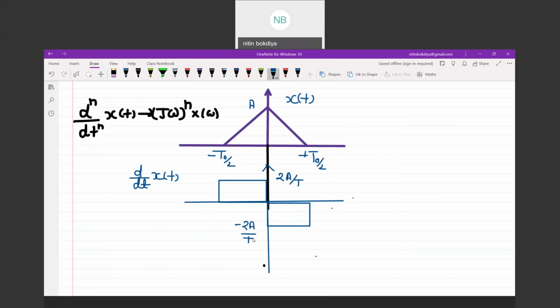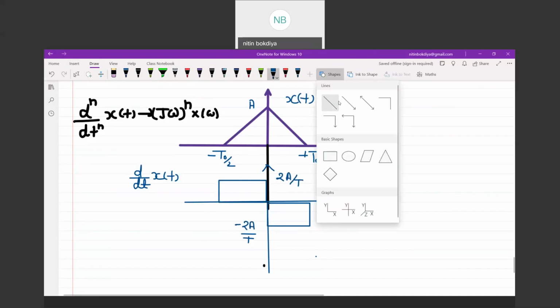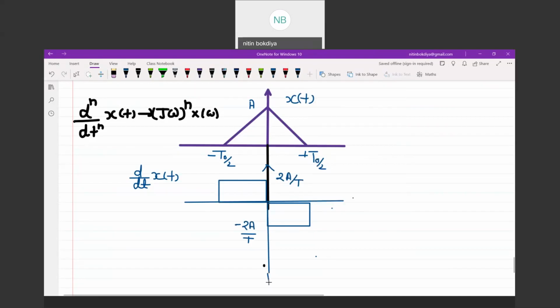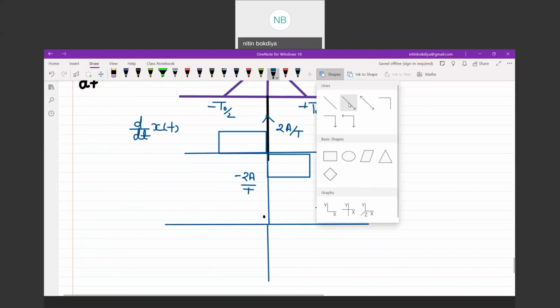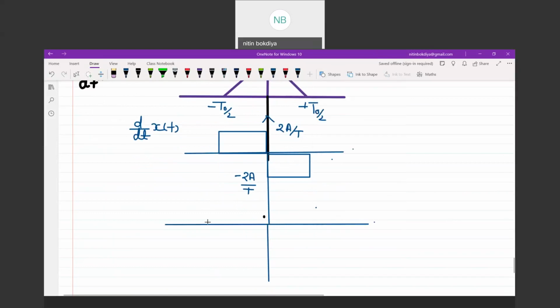No problem. Now what I can say, now I want to draw one more. So I will get one impulse at t naught by 2.